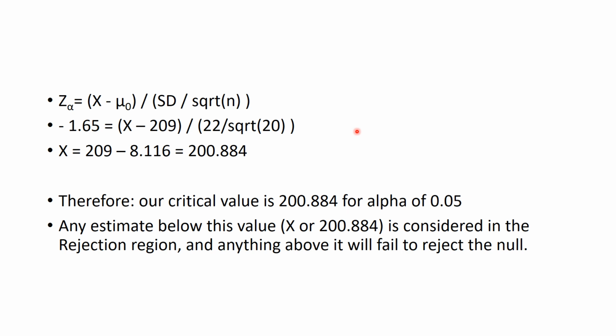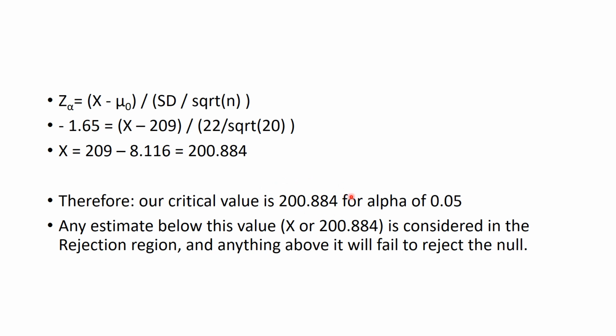But basically the main important point here is that when we solve for x, we will get 200.88 seconds. So our critical value for alpha of 0.05 or a z of 1.65. Here it's negative because we are looking at a reduction.